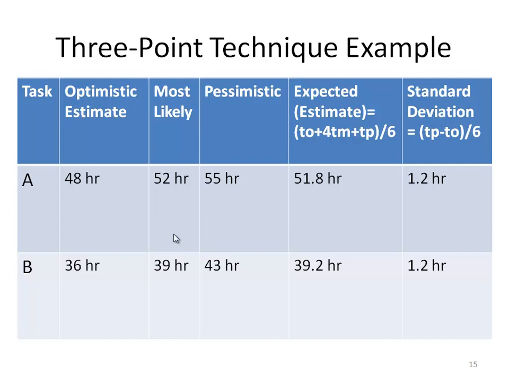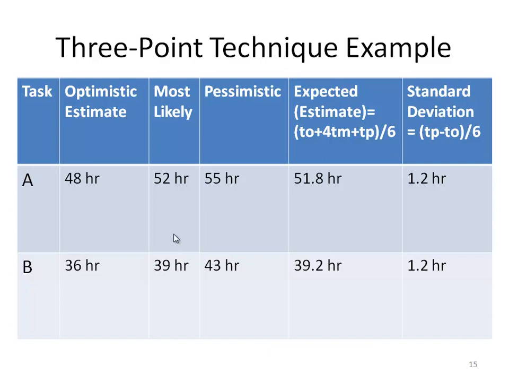So it will be 48 plus 4 times 52 plus 55 divided by 6, and that will give me 51.8 hours. The same for activity B. It will be 36 plus 4 times 39 plus 43, all divided by 6, and that will be 39.2 hours.